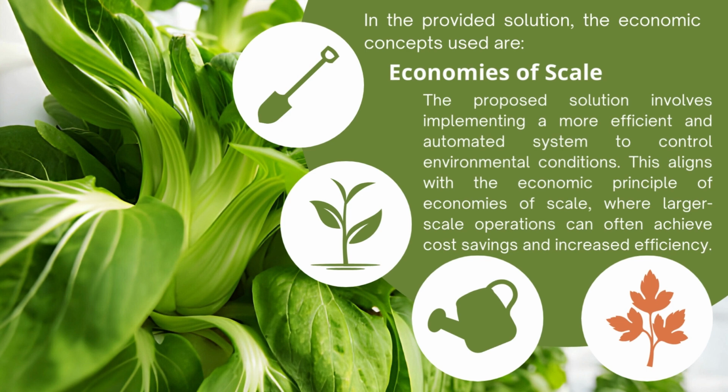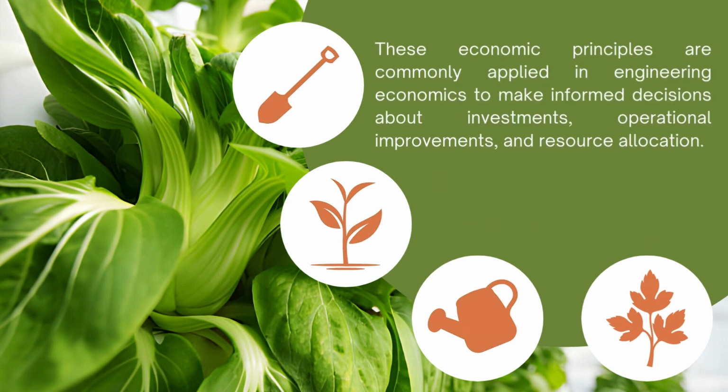The proposed solution involves implementing a more efficient and automated system to control environmental conditions. This aligns with the economic principle of economies of scale, where larger scale operations can often achieve cost savings and increased efficiency. These economic principles are commonly applied in engineering economics to make informed decisions about investments, operational improvements, and resource allocation.